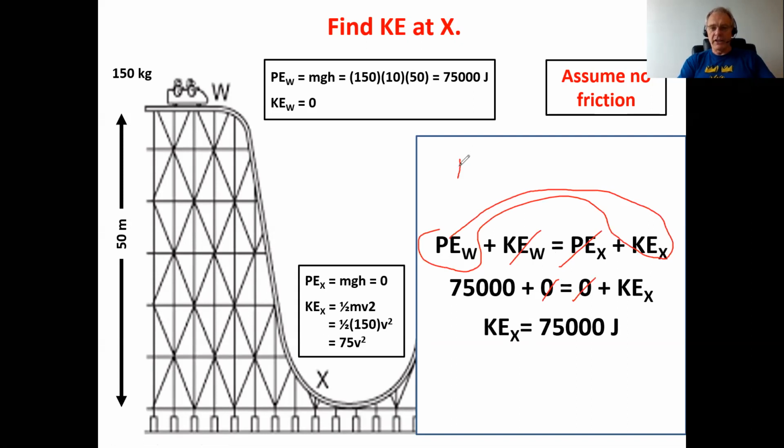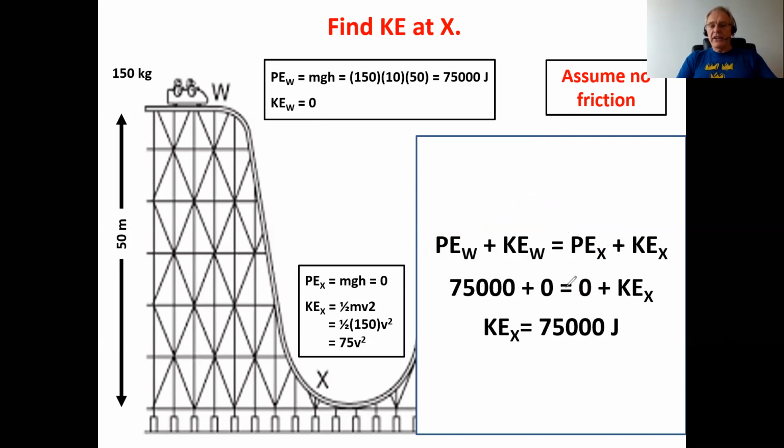People walk in, they see this first example, and the takeaway is usually this. This happens to be true here only because the kinetic energy here is 0 and the potential energy here is 0. In general, this is not going to be 0, nor is this. In general, all four of these terms are going to be something other than 0.